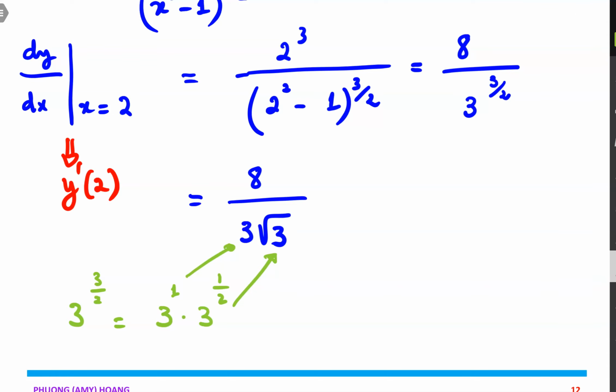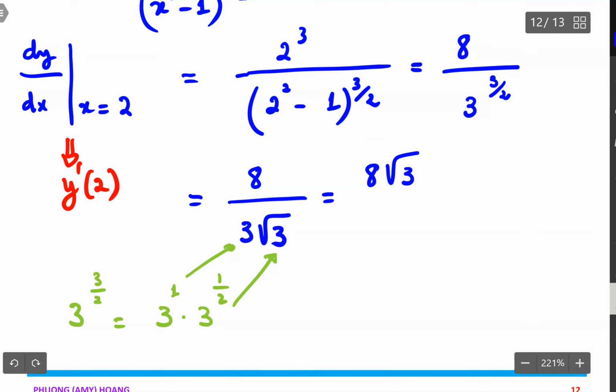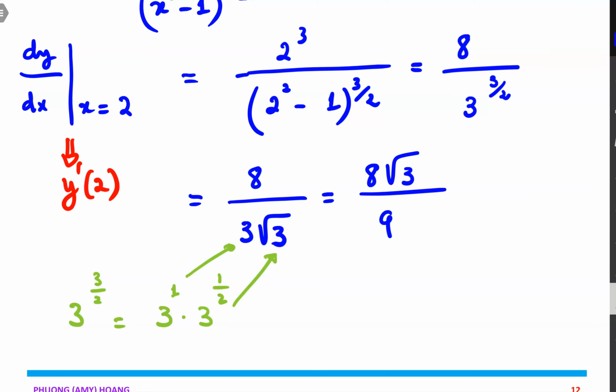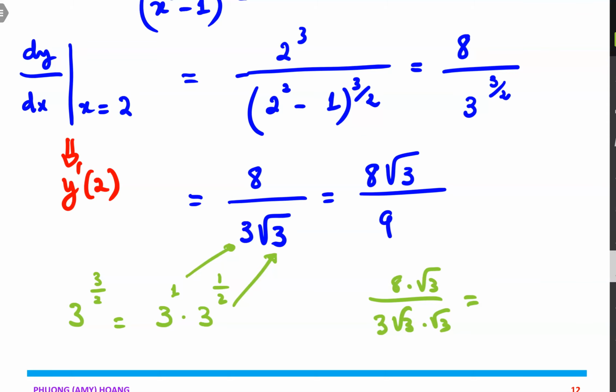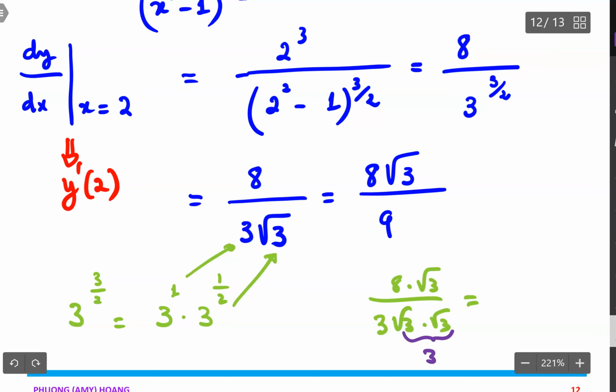And what I will do next is I will rationalize the denominator. So I will have 8 times root 3, the whole thing divided by 9. Okay, rationalizing the denominator means that I need to multiply the denominator by root 3. So here I times by root 3 as well, because root 3 times root 3 will give me 3, and then 3 times 3 will give me 9.